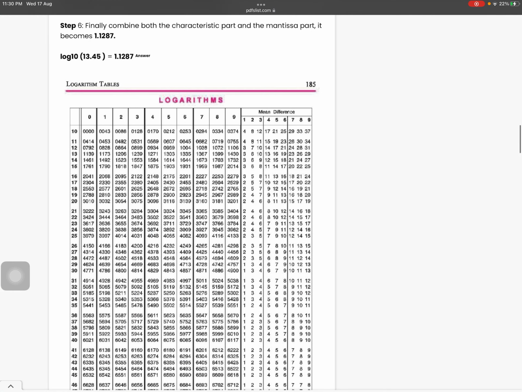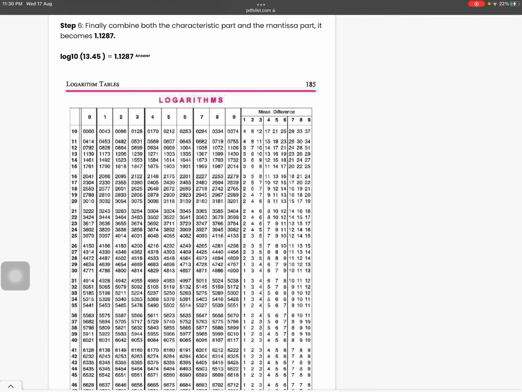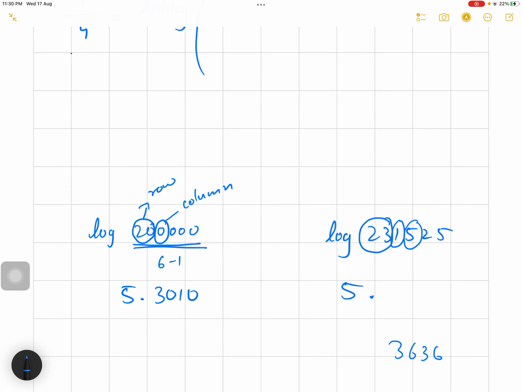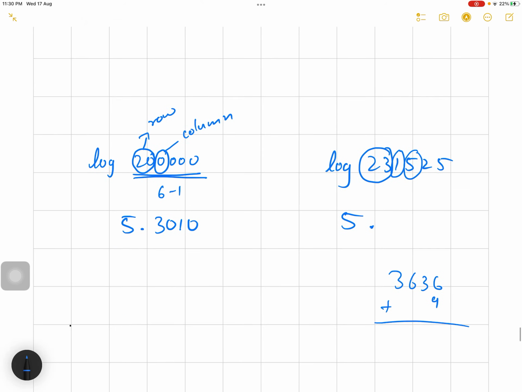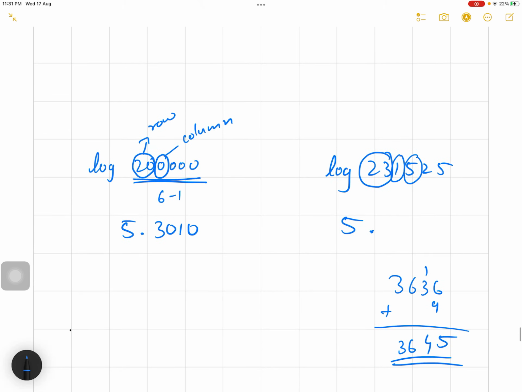Mean difference 5 for column 23 is 9. So add 9. So 9 plus 6, 5 4 3 6 4 5. Okay, so log is 5.3645.